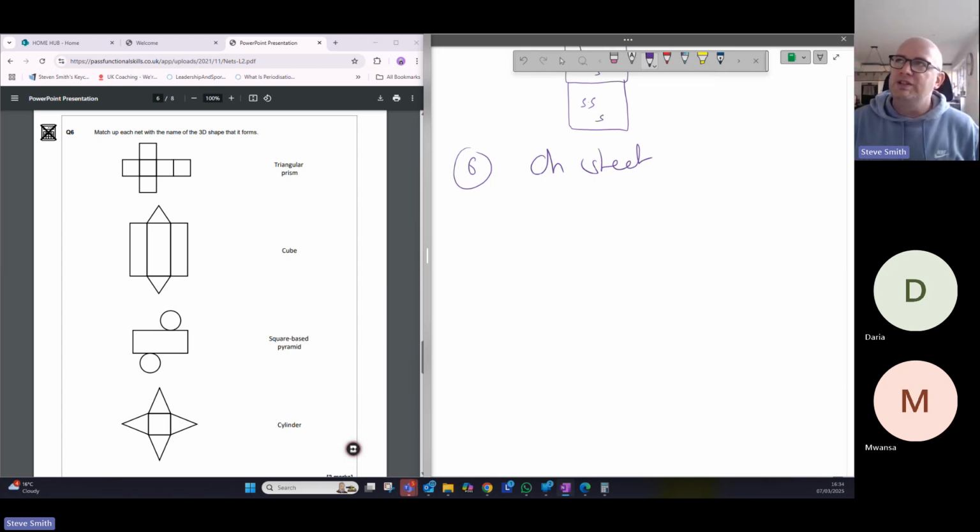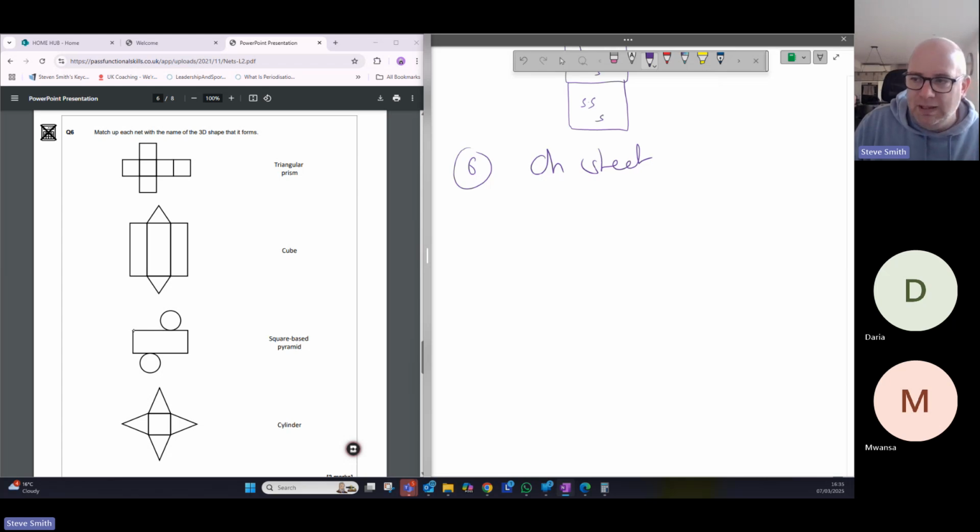So right at the start, I mentioned a packet of Rolos and trying to find the surface area. If I found the area of that circle and the area of that circle, I'd do pi r squared to find my area, and times it by 2 because I've got 2. In a level 2 paper, it probably won't give you that measurement, it's trying to make you think it will.